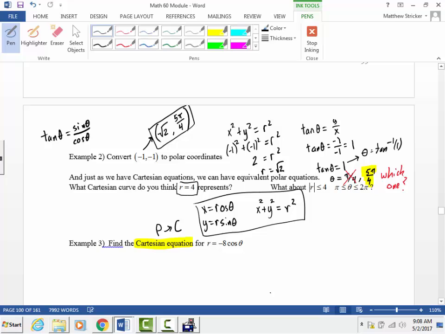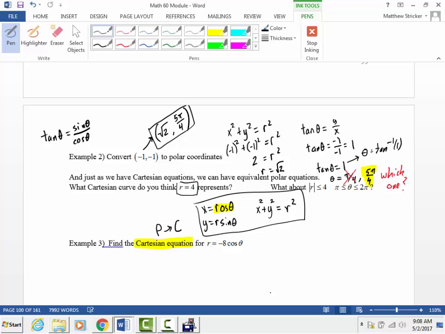Yeah, Eddie. Can't you just divide by negative 8? You could, but that's still not going to get you r cosine. It's going to be r equals cosine. We need r cosine. It's not r arc cosine, it's r cosine.